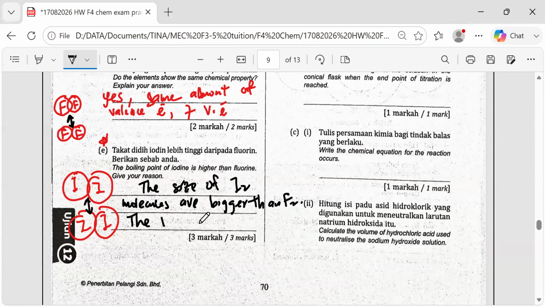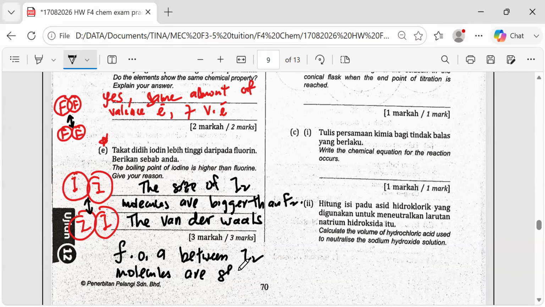The van der Waals forces of attraction between iodine molecules are stronger than between fluorine molecules. Okay. Do you understand what I'm trying to write?